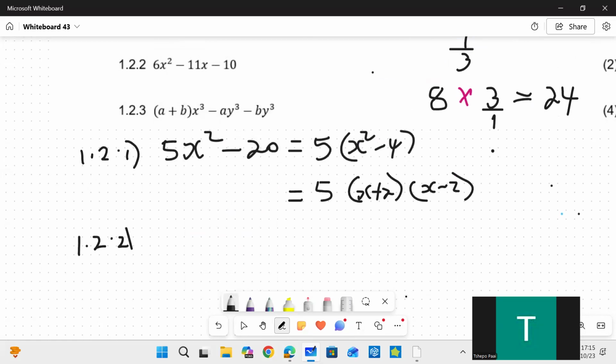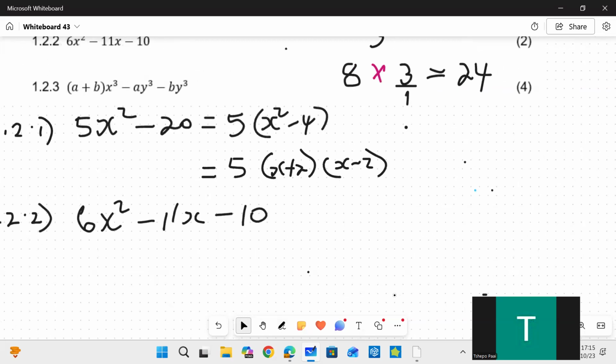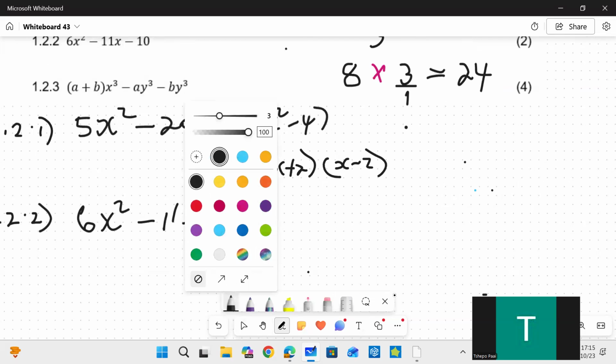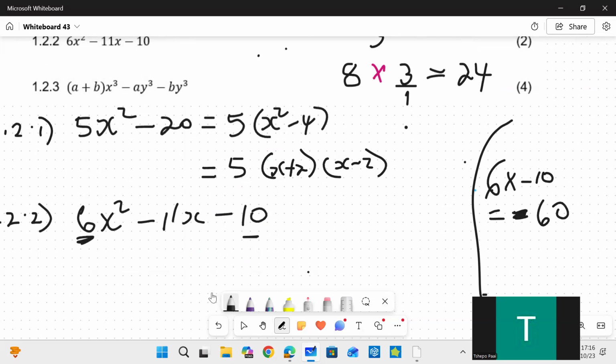In 1.2.2 you are given 6x squared minus 11x minus 10. So the easiest method here will be to take this 6 and that minus 10, and multiply them together. 6 times minus 10 will give me minus 60.